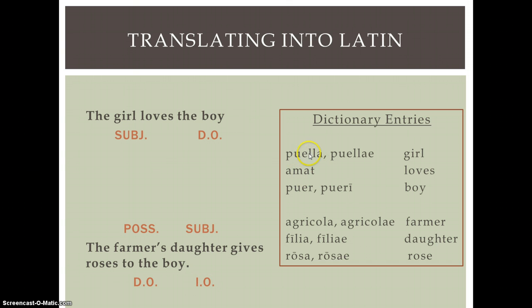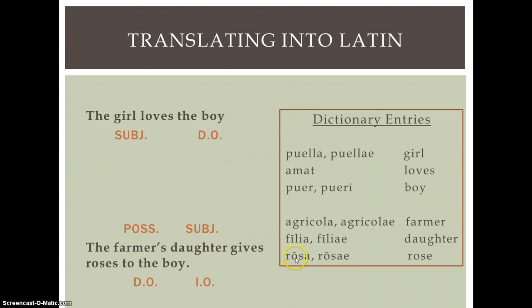How are you going to make puella the subject? How are you going to make puer, pueri the direct object? What ending are you going to be putting on the base? How are you going to make agricola, agricolae, which means farmer, into a genitive singular? How are you going to make filia, filiae into a nominative subject?